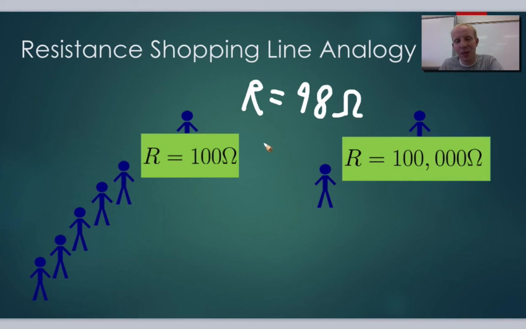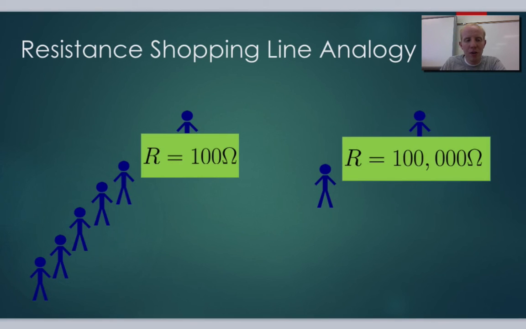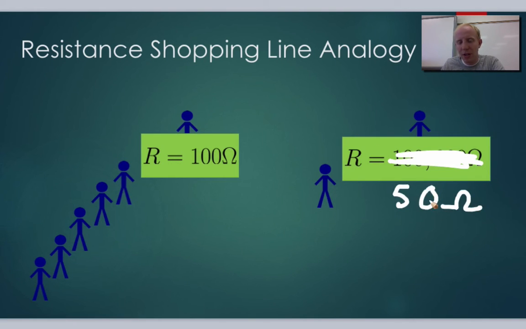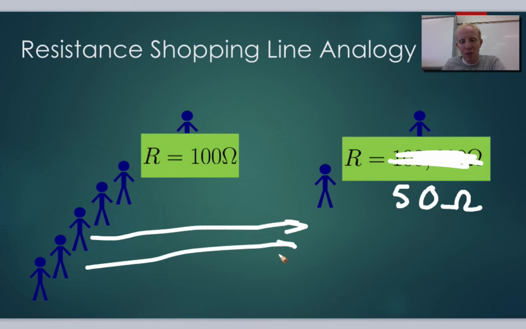It's kind of the same idea with the ohm analogy, right? But again, this is for resistors in parallel. If you open up another line, the total resistance goes down, right? Maybe a little bit, maybe a lot. If this resistance or this line is like 50 ohms, right? He goes even faster, so a lot of these guys would jump to this line because now it's going to go faster for them, right?